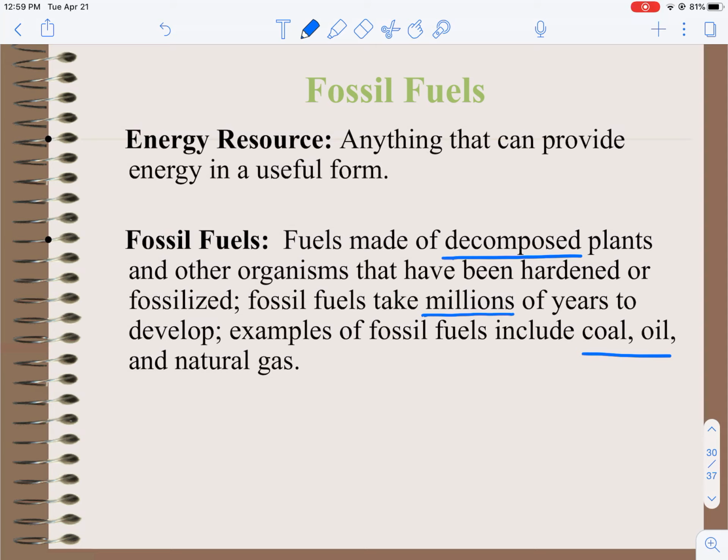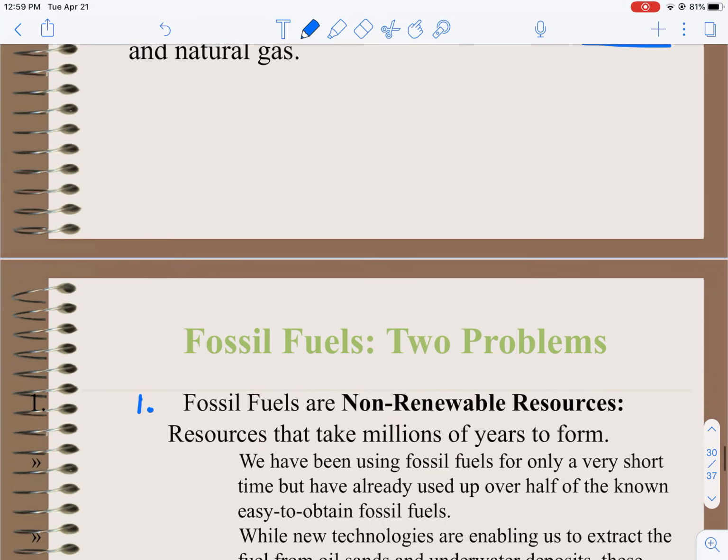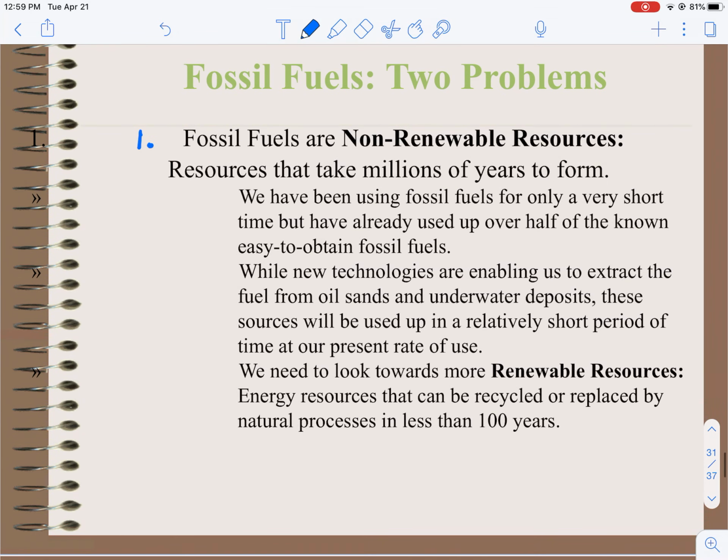Fossil fuels. Fossil fuels like coal, oil, natural gas are decomposed and compressed and hardened plants and animals from millions of years ago. And we notice that there's a lot of fossil fuels used for our cars, for our homes, for barbecues.